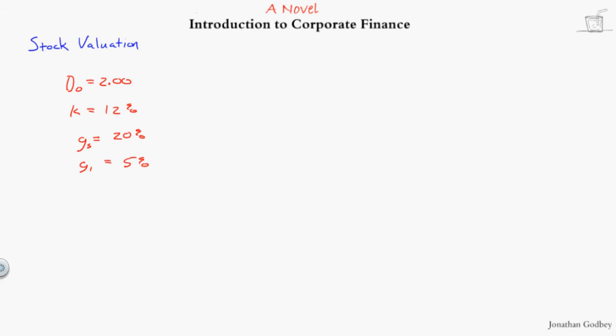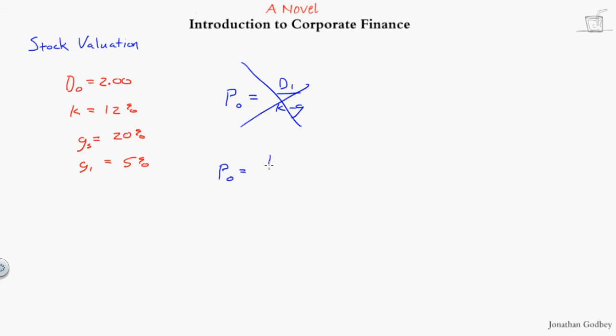Okay, so now how can we approach this? Well, it's the same rule. The price of the stock is equal to the present value of the expected future cash flows. But now I just have to take more time to do this because I don't have constant growth that allows me to use the shortcut formula like this. I can't do that because I don't have constant growth. So what I have to do is this.